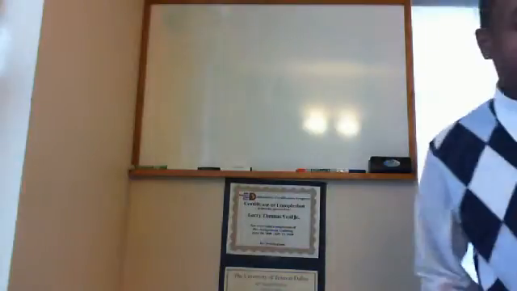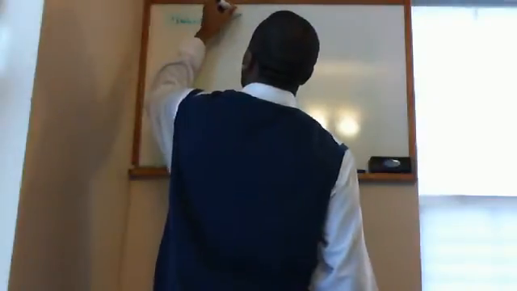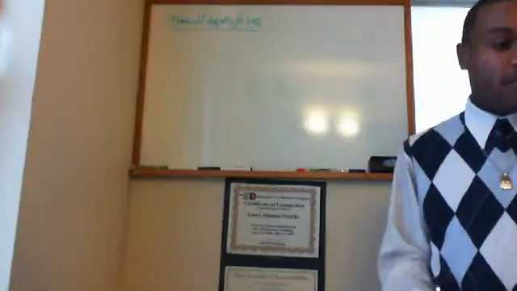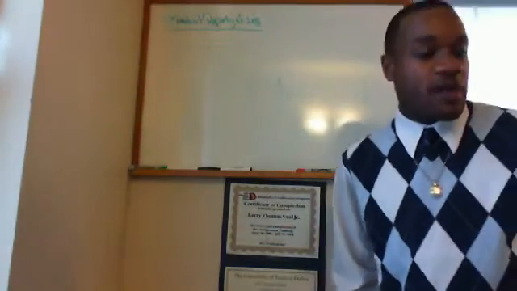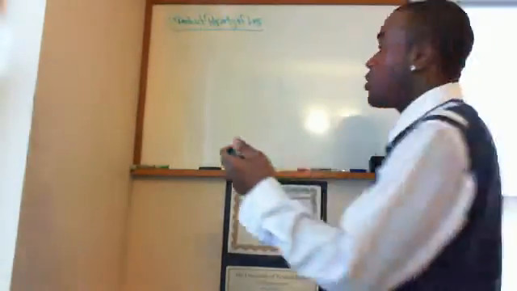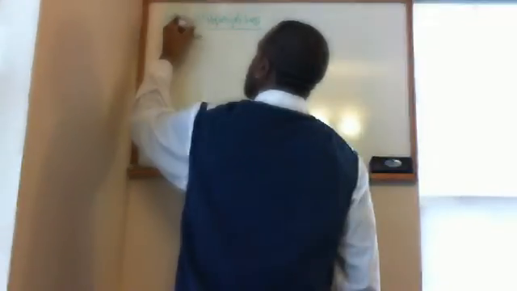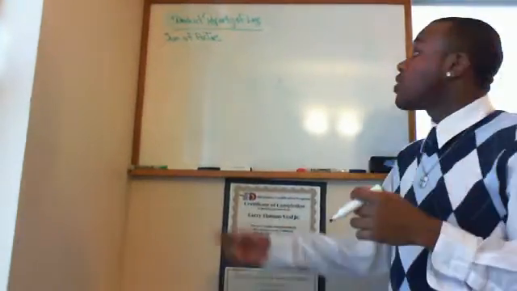Alright, so basically, the product property of logarithms, what that states to us is, of course, this is part of Algebra 2. The product property of logarithms says the logarithm of a product is the sum of the logarithms of its factors.